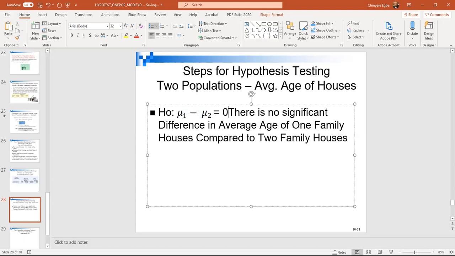That way, if there's no difference between the average age of the two houses, then mu1 minus mu2 is equal to 0. And the alternate hypothesis, HA, will be that mu1 minus mu2 is not equal to 0.